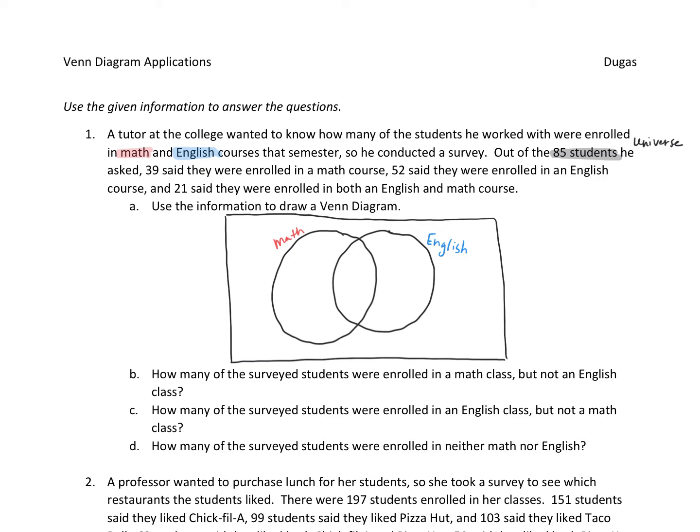Then this part of the circle is in math, but notice that that's also in English. So this middle part is going to be the number of students who are enrolled in both math and English that semester. And then of course you have the section over here that is just English. So these are going to be the students who are only enrolled in English and not math that semester.